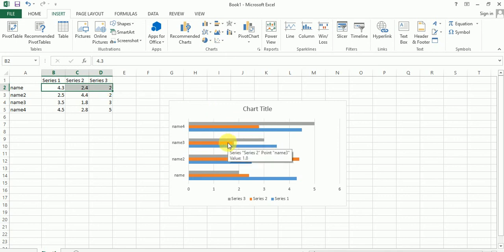This line is the vertical axis. Okay. So when you enter values in MS Excel's horizontal axis, then it shows the values in the vertical axis. Okay, this one.